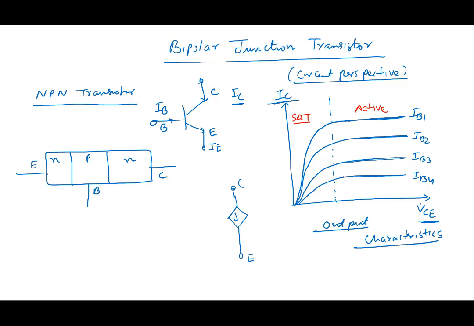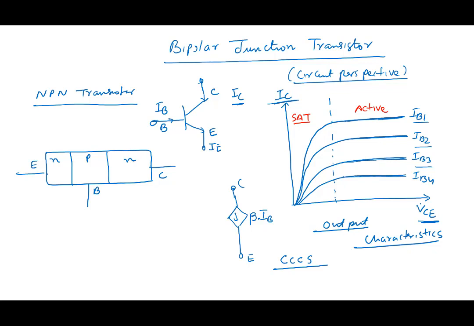A current which doesn't vary as a function of voltage, we model as a current source. And the value of the current source depends on the value of IB1, IB2, IB3 here. So we write it as a dependent source, beta IB. So we said the transistor in active mode is acting like a current controlled current source, CCCS.